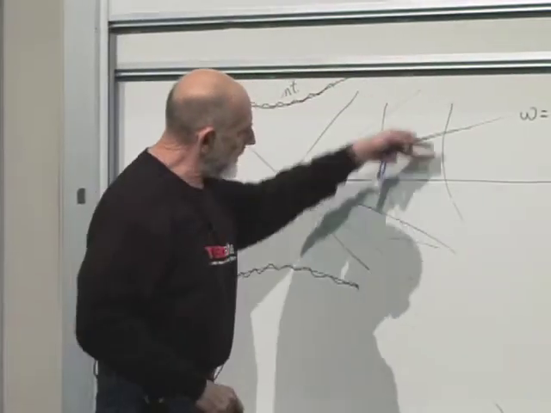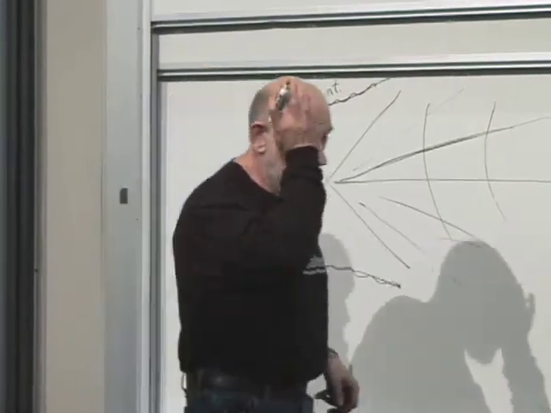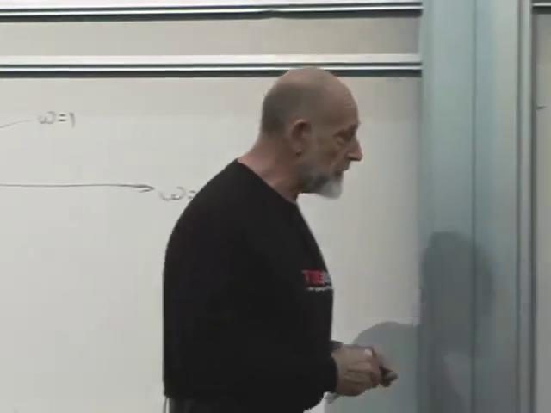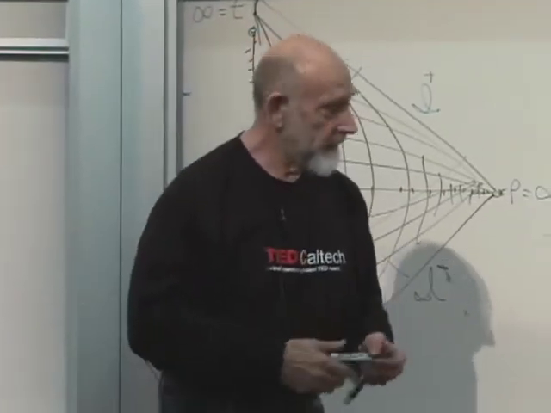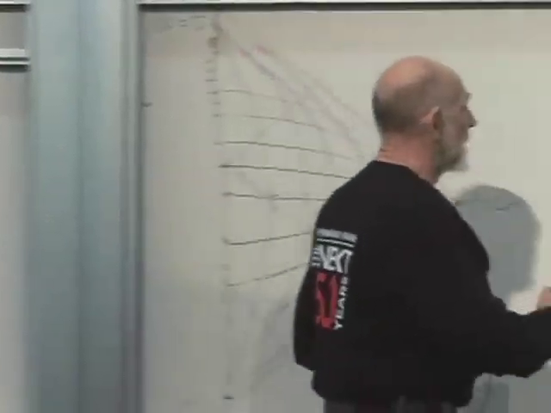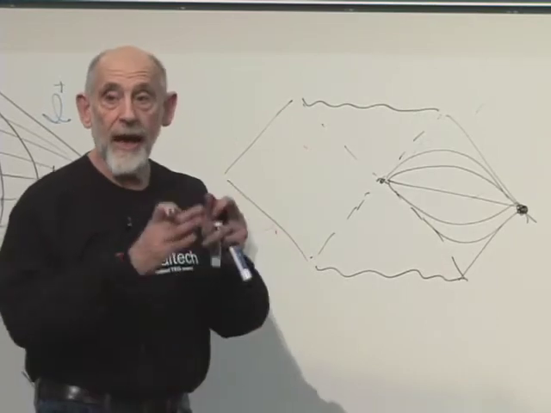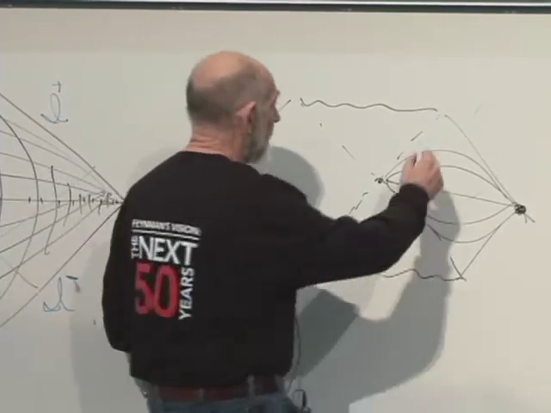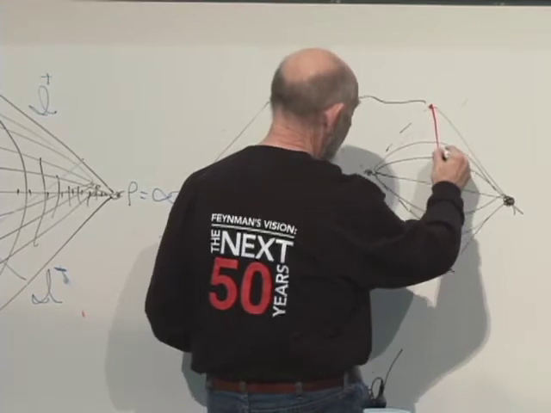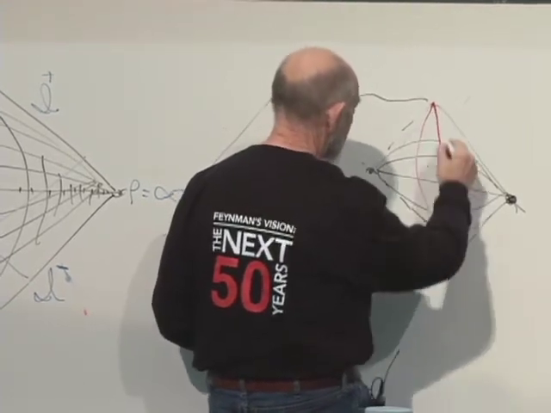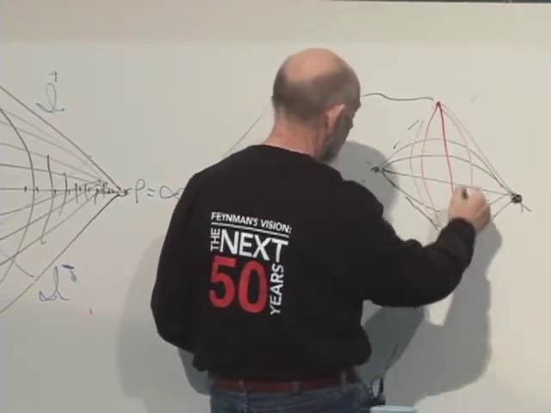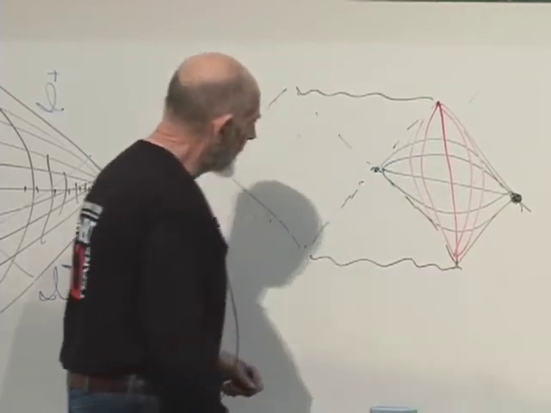Now let's look at different radial distances from the black hole. I'm going to change color. These are observers, if you like, who are stationary outside the black hole. They go up to time infinity over here, and they look like this. Okay.